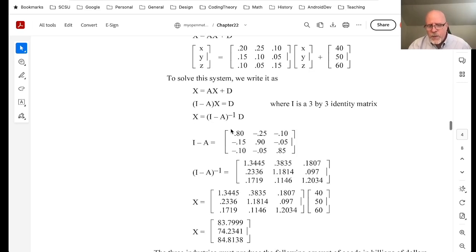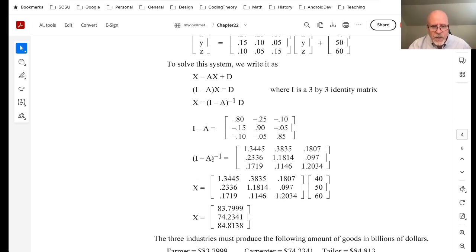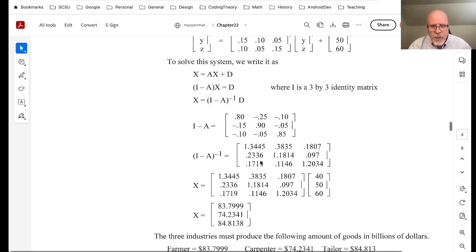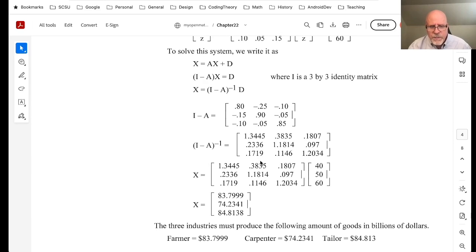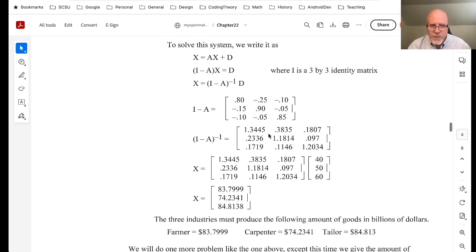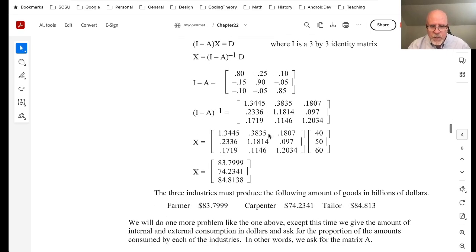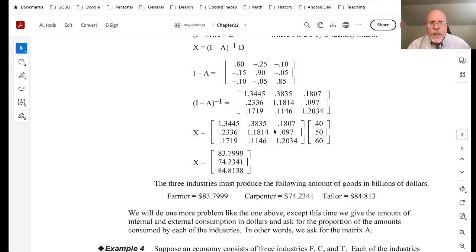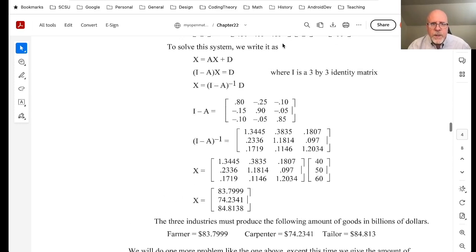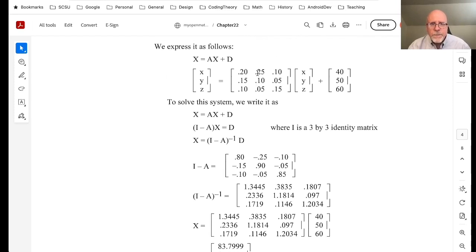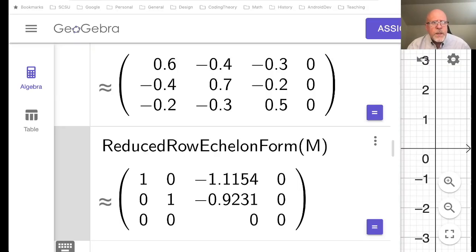If you're interested in figuring out how to calculate the inverse, I can do that at least once, and then we'll skip it and do row reduction for our solutions from here on out. So let's take this system and pull it out of my picture so I can copy the numbers into GeoGebra.